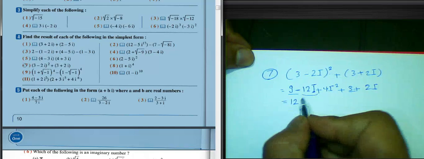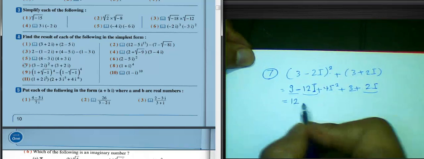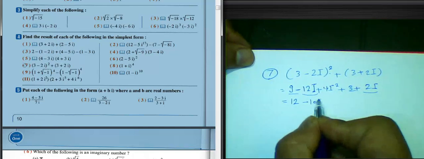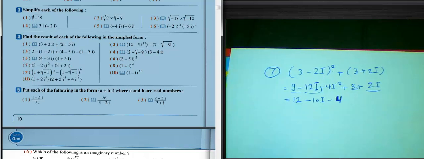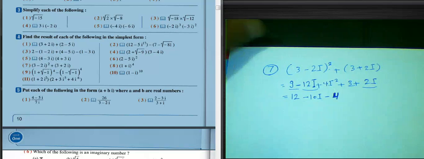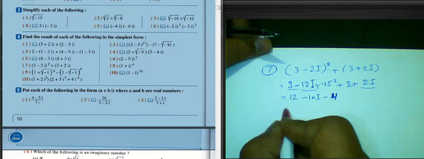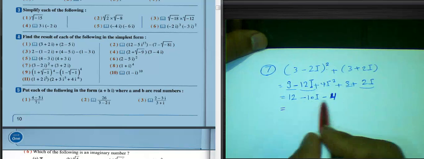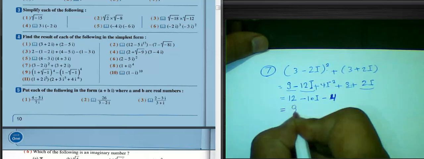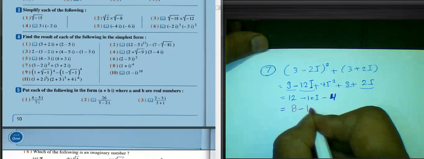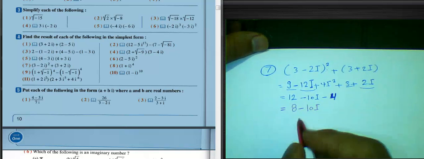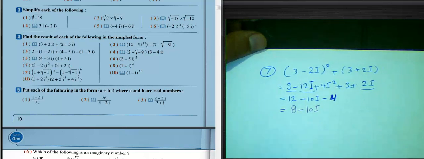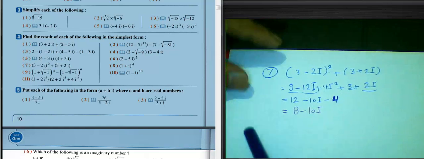Negative 12i plus 2i equals negative 10i. So we can simplify it, look at with me: 12 subtract 4 equals 8, and we write negative 10i. It's question 7.